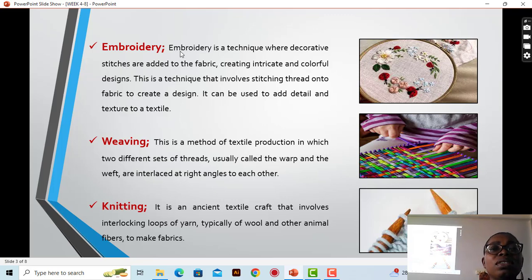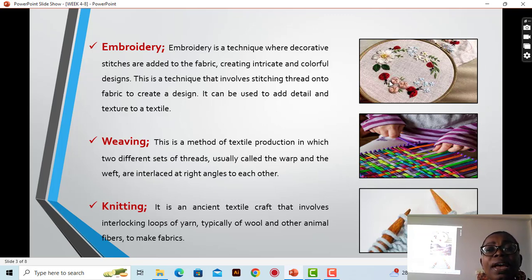Now, what is embroidery? I think in one of our lessons we discussed the difference between embroidery and applique, true or false. We did. So we know what embroidery is. The picture here is even clear, showing us an embroidered fabric on an embroidery frame. This round thing is called embroidery frame, right?